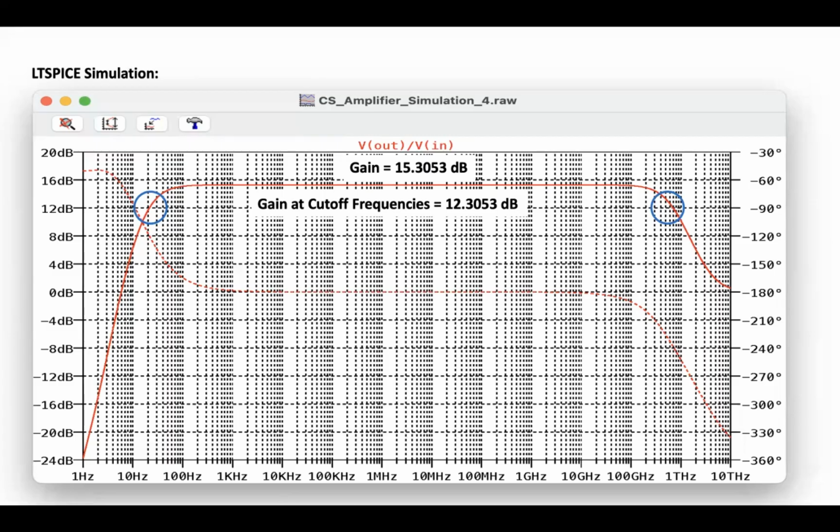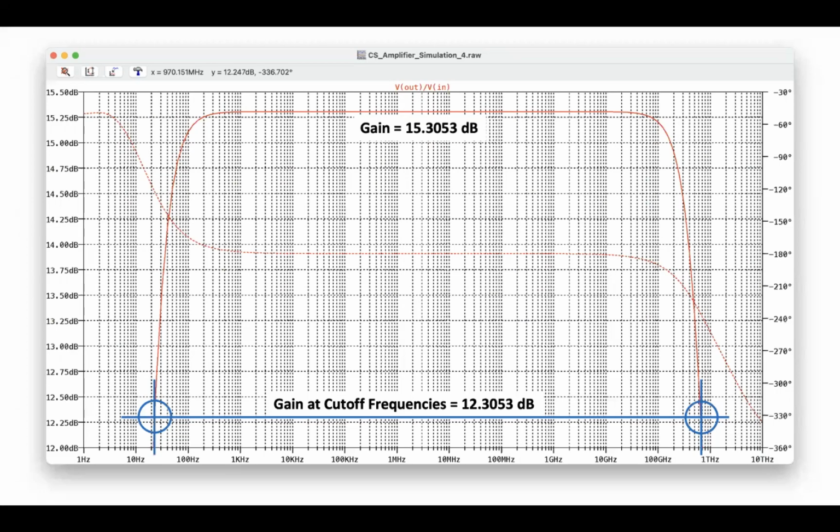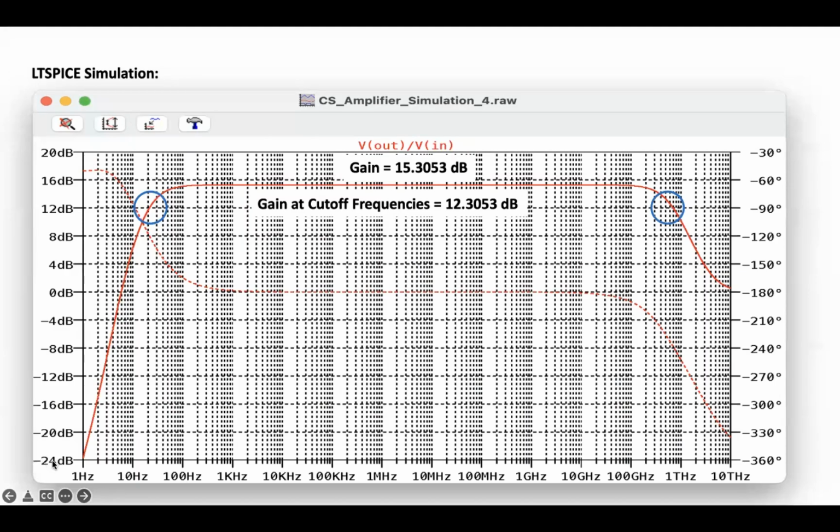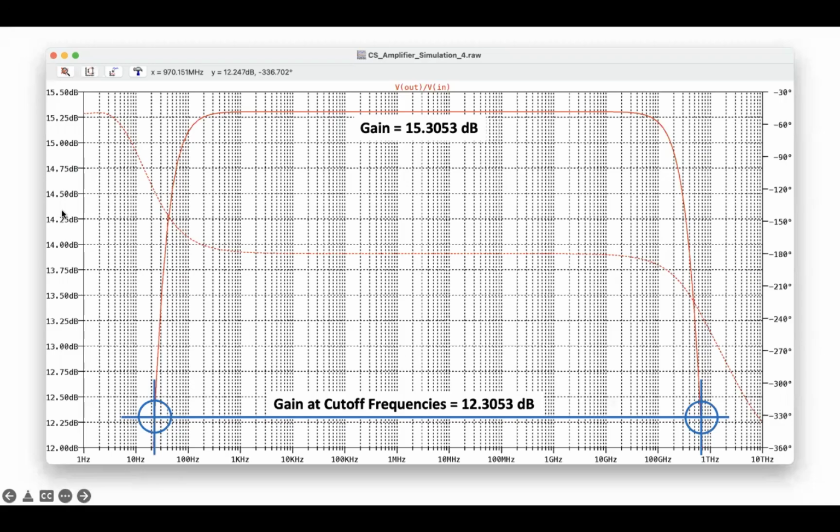Okay, thank you. So I-zoom in ko lang ito para kita natin. So here you have negative 24 to 20. So I just zoom in dito sa area ng ano natin, no? Area of interest. So from 15.5 to 12 dB lang, no?